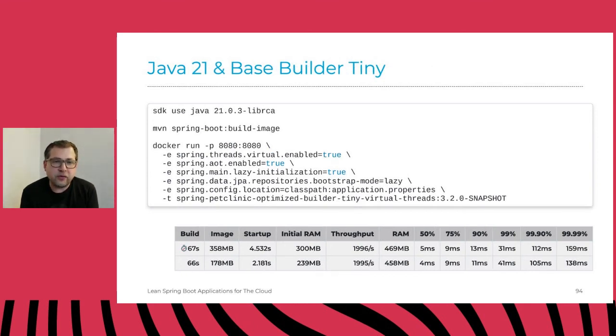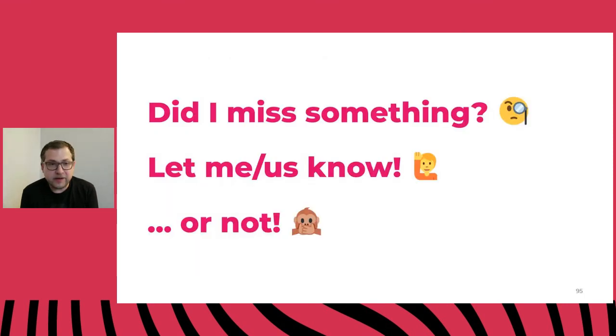And if you think of that one as well, having Java 21 and the base builder with Tiny, it's also way smaller, the startup time is even faster with all the optimizations, and your applications usually also have better throughput. So I think that's from my side.